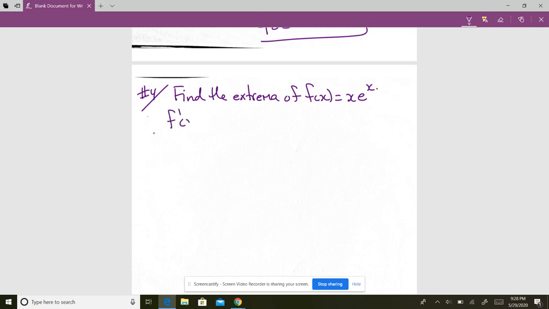So we take the derivative, f prime of x. This is going to be a product rule question, which says the derivative of the first function, x, which is 1, times e to the x, plus the derivative of the second function, e to the x, times the derivative of the exponent, which is 1, times the other function, which is x. So this simplifies to e to the x plus x e to the x.